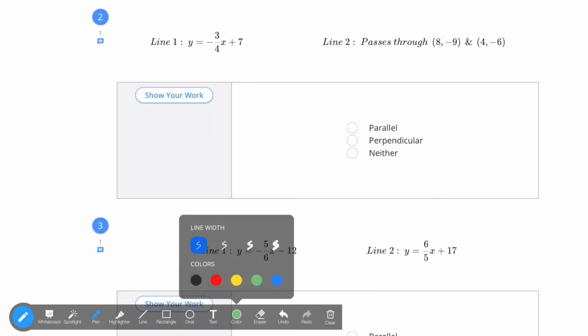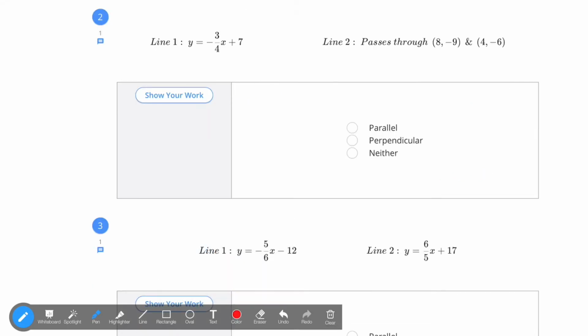Line 1, we have the slope of negative 3 over 4. Now we need to find the slope of line 2, in which we will use the slope formula. The slope is y2 minus y1 over x2 minus x1.